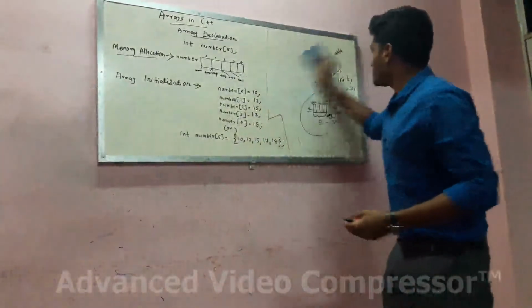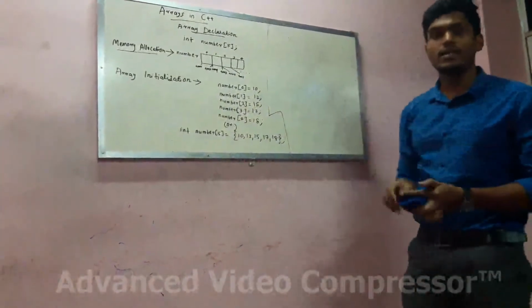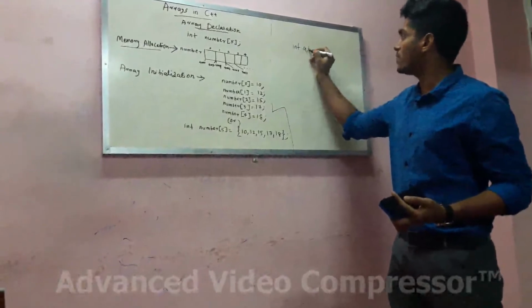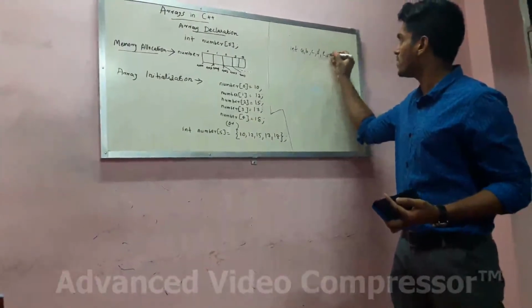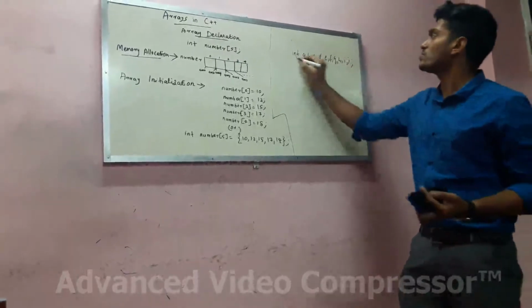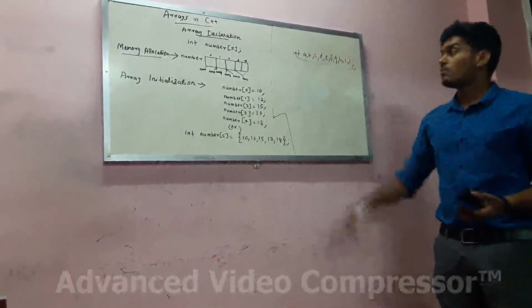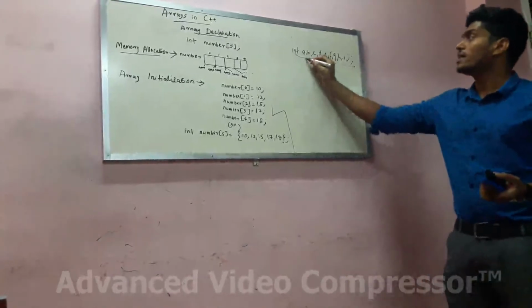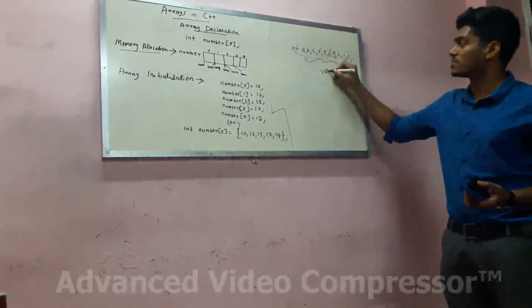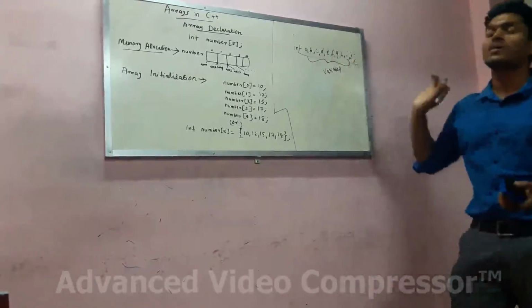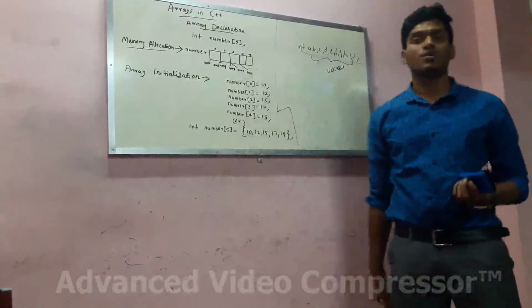For example, int a, b, c, d, e, f, g, h, i, j. This is used to store 10 different data. But the disadvantage of using this is we need to use 10 different variable names. This problem can be resolved by using the concept of array.